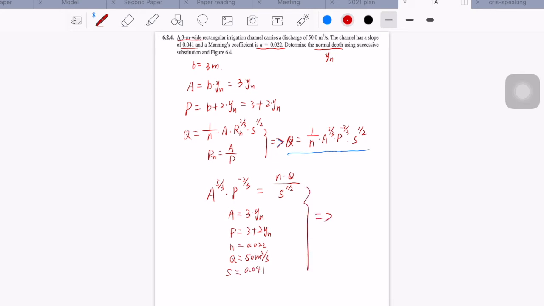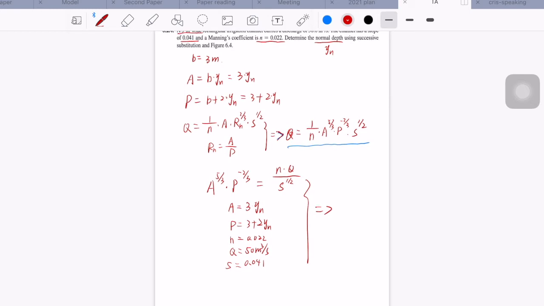So we can get that 3y_n to the power of 5 over 3 times 3 plus 2y_n to the power of -2 over 3 equals 0.022 times 50 over 0.041 to the power of 1 over 2.